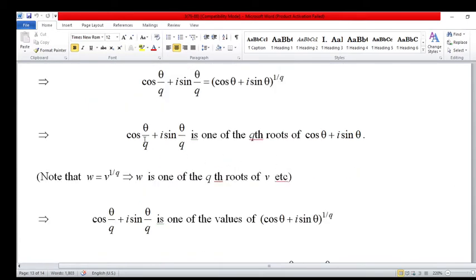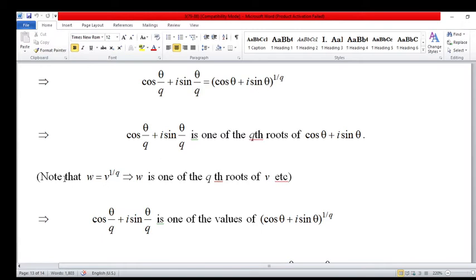So this is cos theta upon q plus i sin theta upon q. The meaning of this equation is that cos theta upon q plus i sin theta upon q is one value of the qth root of cos theta plus i sin theta.